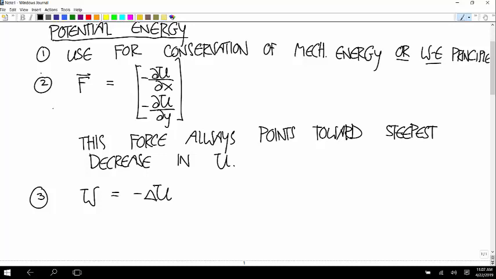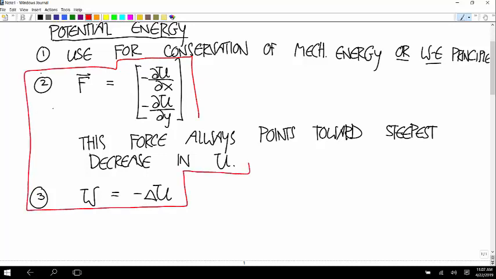Multiply that by negative 1, and that gives you the work that that conservative force has done from instant 1 to instant 2. So these are the important things to keep in mind that you can calculate directly from the potential energy.